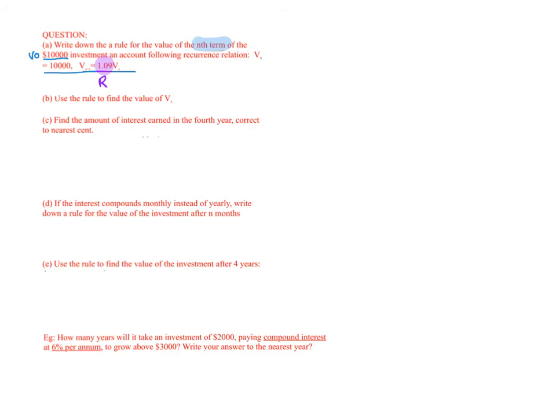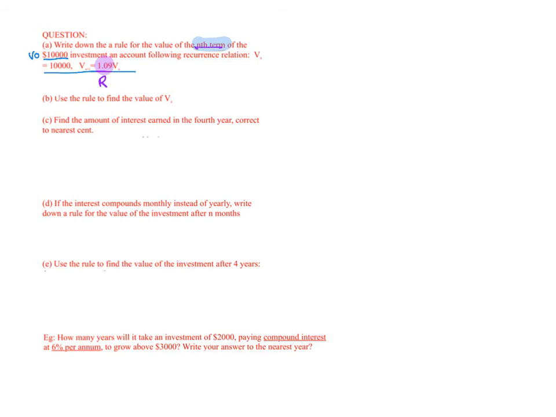Who can quickly look at that? What is the percentage increase that one is going? Because it's always 1 plus something. 9%. Can you see that? Because 9 divided by 100, yeah? So that's good.